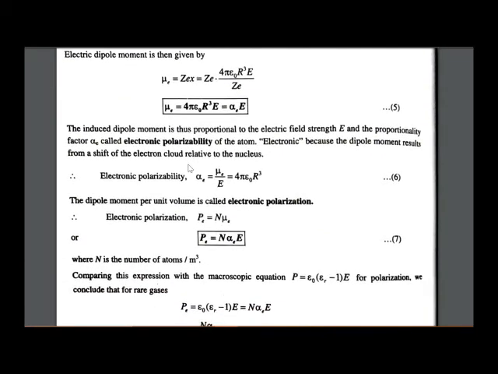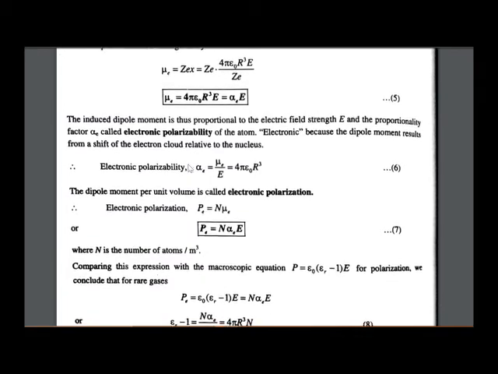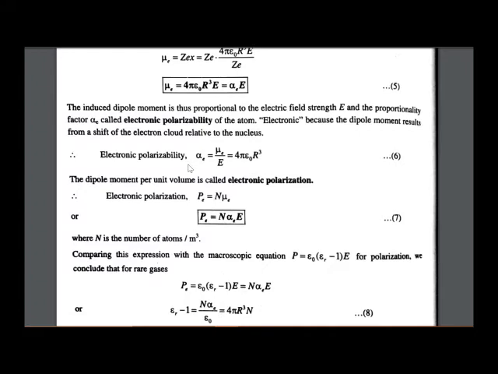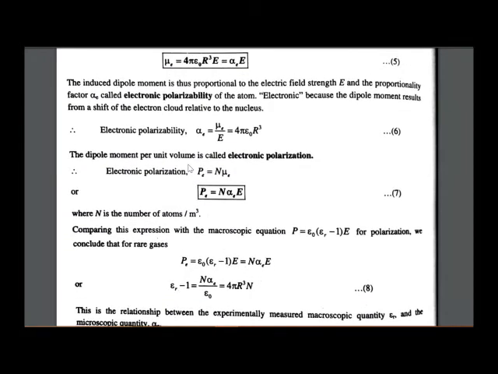The electric dipole moment is given by mu e is equal to Ze into x. Substitute for x from the previous step and then simplify, you will get mu e is equal to 4 pi epsilon naught R cube into E, which is equal to alpha e into E. So now alpha e is 4 pi epsilon naught into R cube.